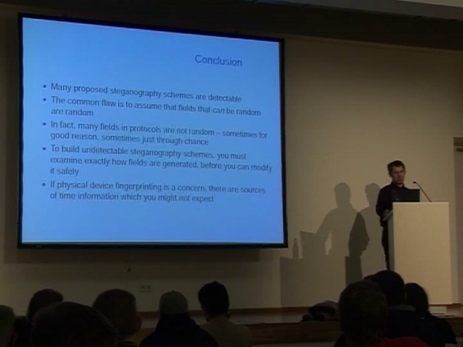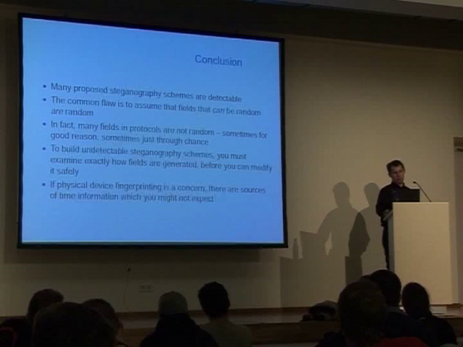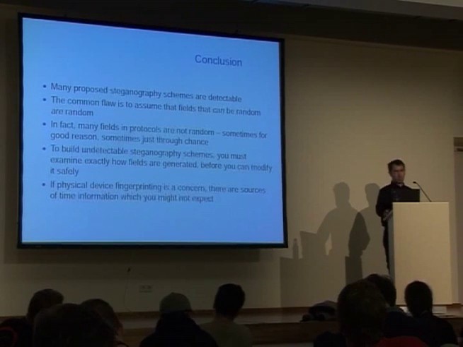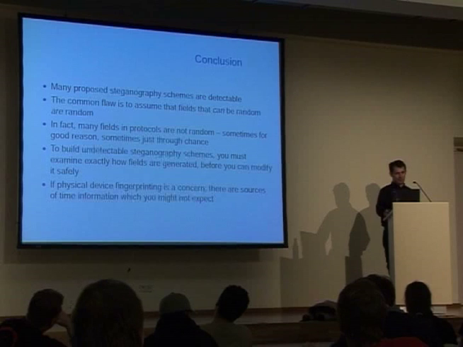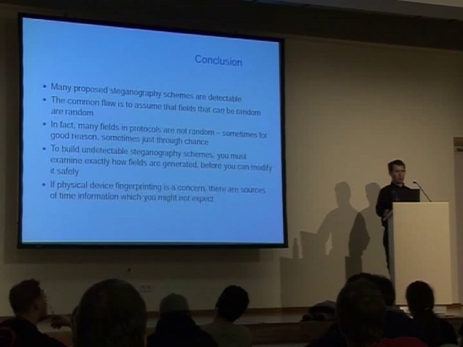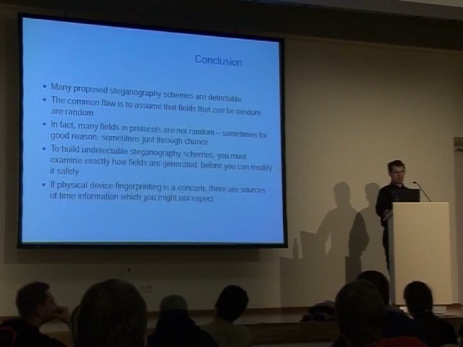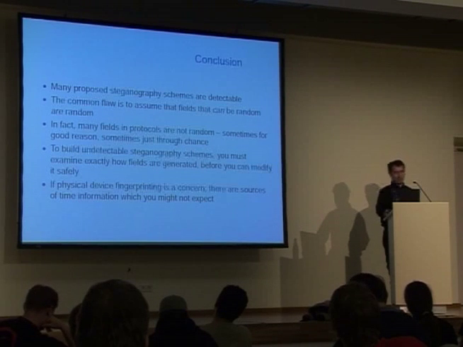That's to stop collision. The IP ID is not random for good reasons. And if you want to build an undetectable steganography scheme, because you're worried about someone watching the network traffic, then you have to follow the specification backwards and make sure there's no way of detecting that.